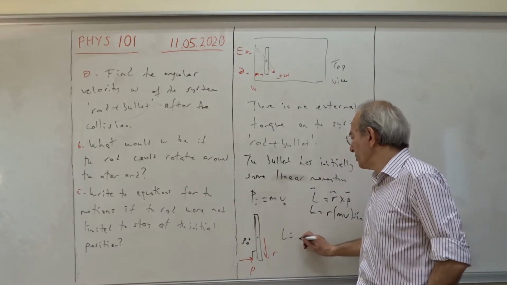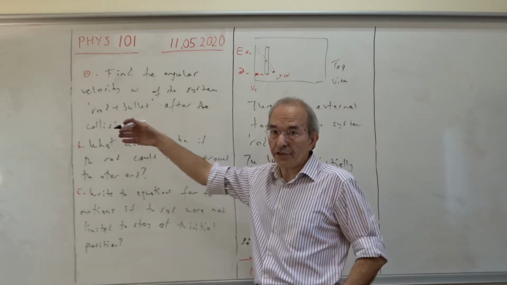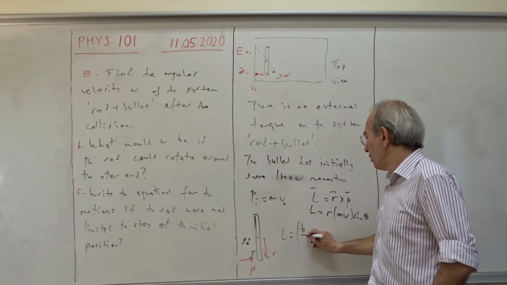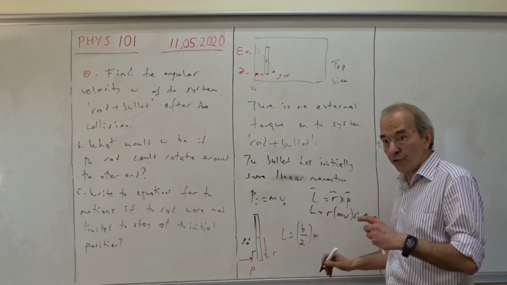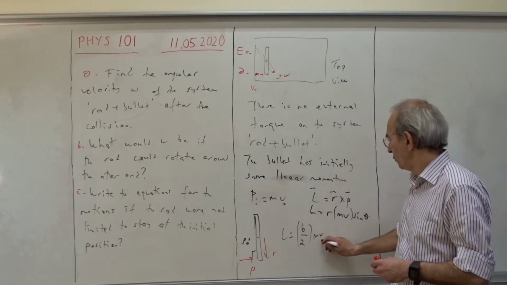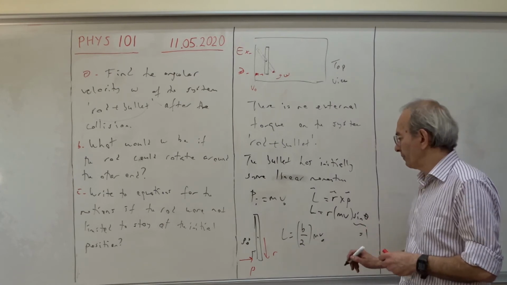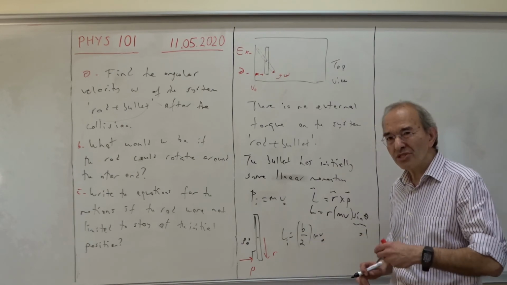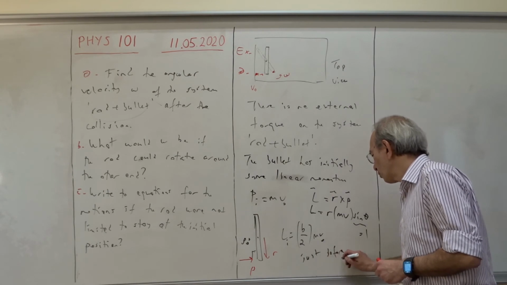Therefore, L is simply distance r, which is half of the rod's length, b over 2, multiplied by the linear momentum, little m for the mass of the bullet, velocity v0, and sine 90, which is 1. So this is the initial angular momentum just before collision.